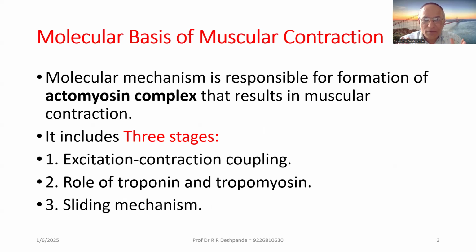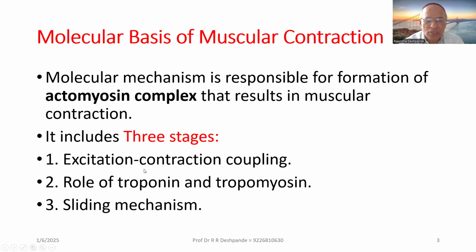What is the big question? Molecular basis of muscular contraction. The molecular mechanism is responsible for the formation of the actomyosin complex, that is the actin and myosin complex, which results in muscular contraction, flexion, extension. This whole muscular contraction mechanism is divided into 3 stages.